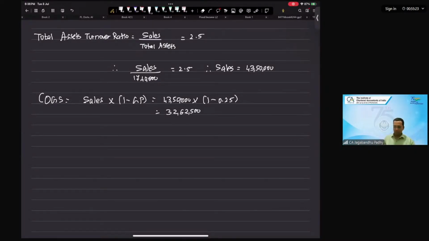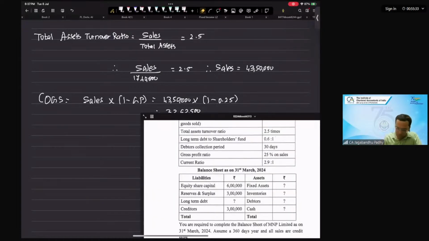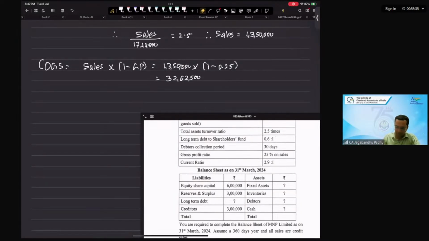That's your COGS, which is 32 lakh 62,500.